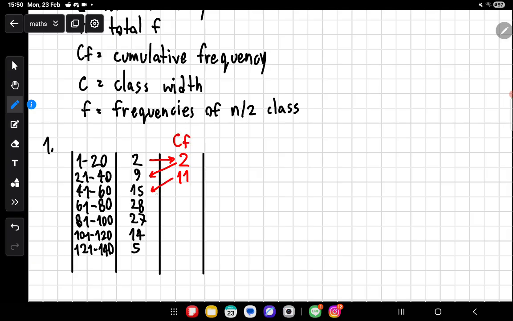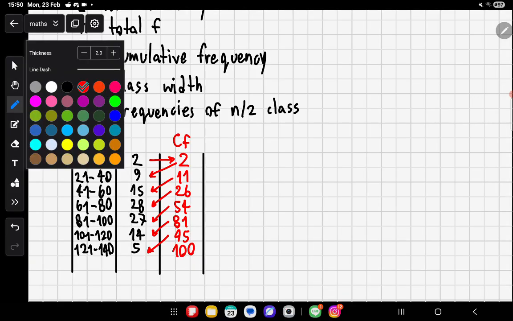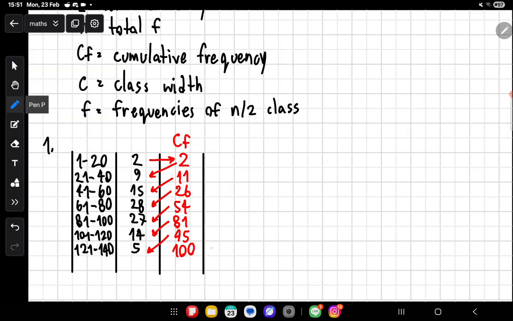Now add 11 to 15, 26, add 26 to 28, 54, add 54 to 27, 81, add 81 to 14, 95, add 95 to 5, 100. Now 100 is n, the total frequencies. So we need to divide 100 by 2. So n divided by 2 is 50.